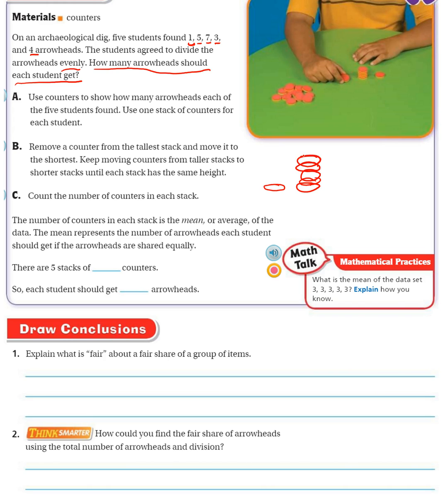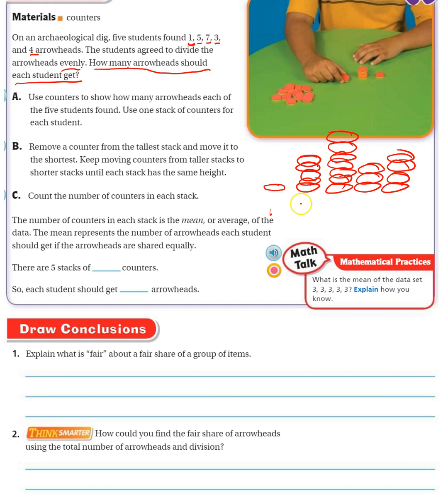There's 5, 7, 1, 2, 3, 4, 5, 6, 7, and 3, 1, 2, 3, and then 4, 1, 2, 3, 4. All right, use one stack of counters for each student.